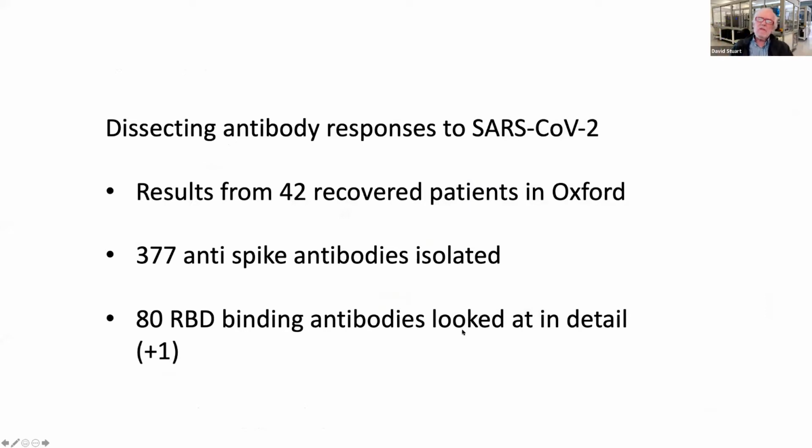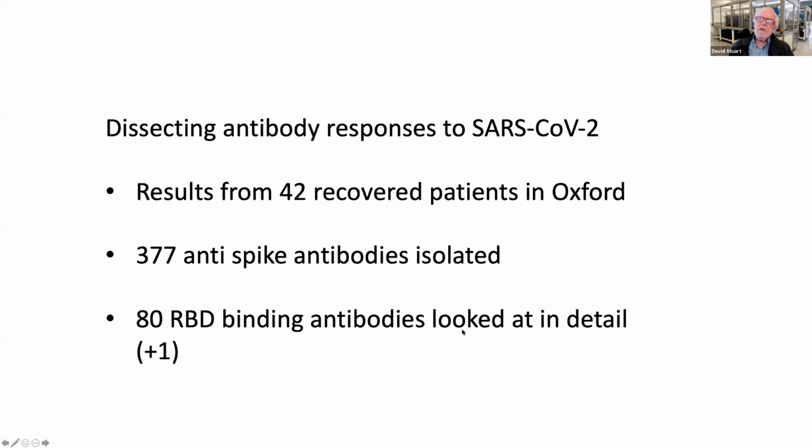That led to the isolation and characterization of 377 anti-spike antibodies. Of those, we've looked in much greater detail at 80 antibodies that bind to the receptor binding domain, plus another one, which I might just flag.